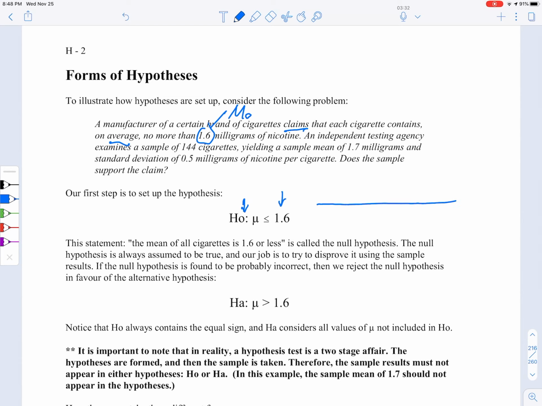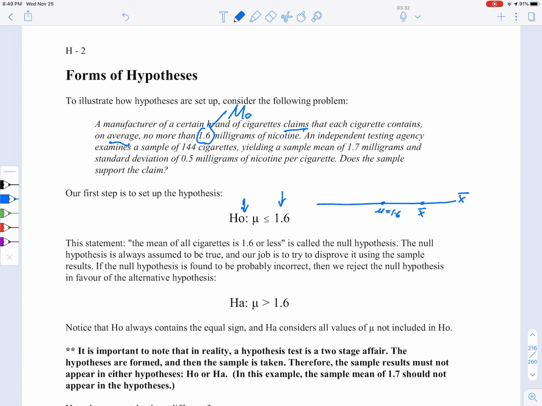Let me put it to you another way here. I'm just going to draw a little picture like this. So here's possible X bar values, which are sample means. And what we've got here is a standard where mu is equal to 1.6.